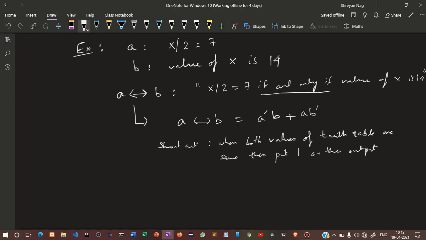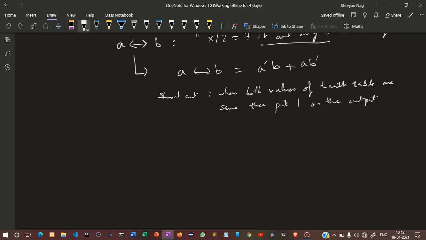So what I am saying is, when we do the truth table, we will understand this.